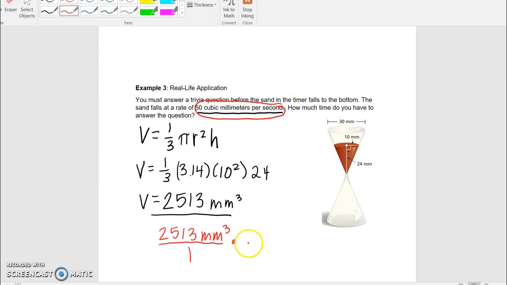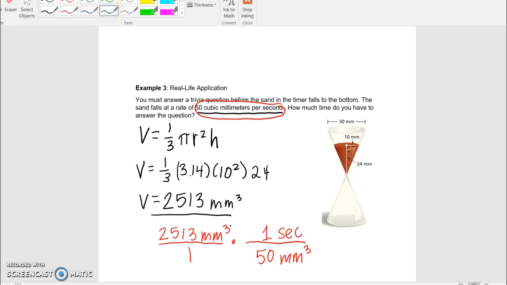And now we're going to multiply by this unit rate. Now, when you multiply with unit rates, you want to get rid of the unit you don't want in your answer. So we want seconds in our answer. So we need to put the 50 cubic millimeters on the bottom, and we want 1 second on the top.